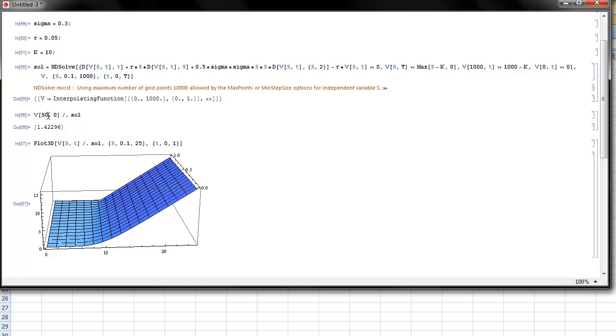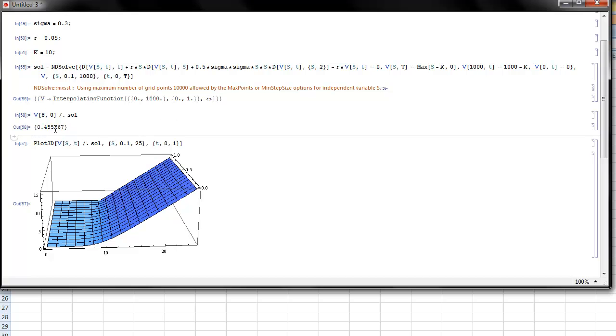Okay, however, if we choose a different point, let's say the initial price won't be 10 but will be 8, this number will get smaller and we will be moving in that direction on the pricing surface. Okay, see this.